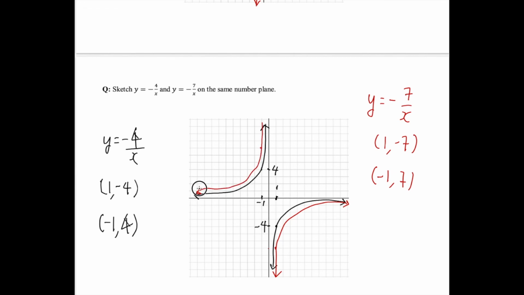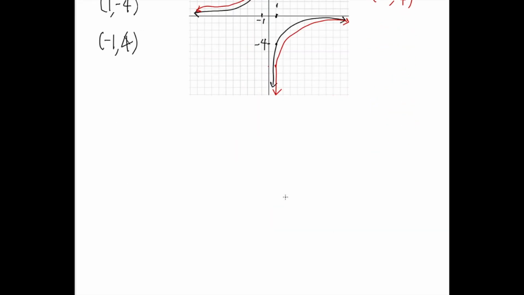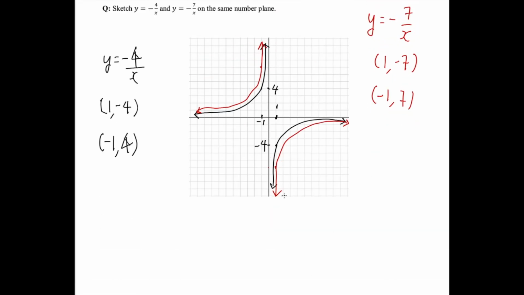Alright, when you're doing it on paper, it's much easier to draw a good looking one. I'm doing this on the board, so it's pretty tough here. Alright, so there you have it. 2 negative looking hyperbolas, where one of them, the red one, is inside the black one. Alright, so that's all for today.